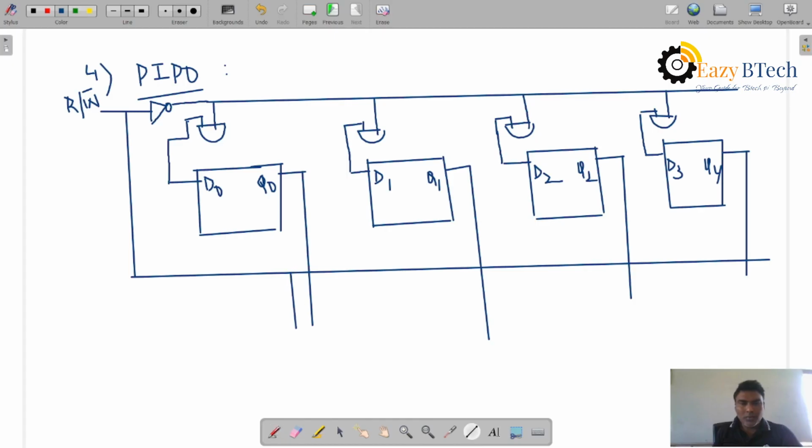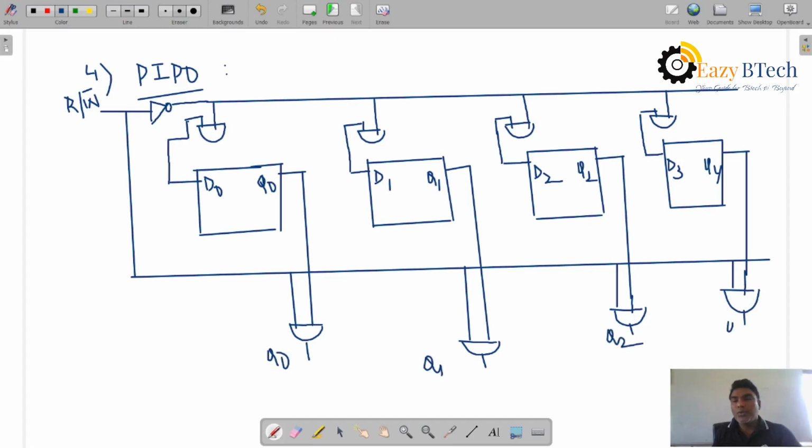The outputs taken indicate parallel outputs. This is a parallel output. You see this one, parallel output. So the parallel outputs are Q0, Q1, Q2 and Q3.